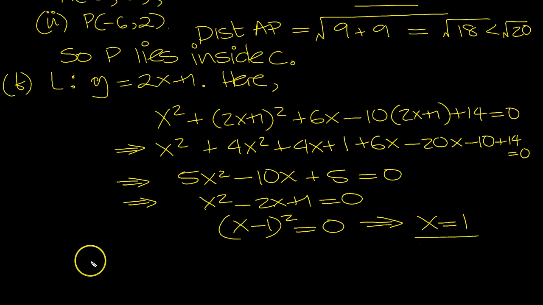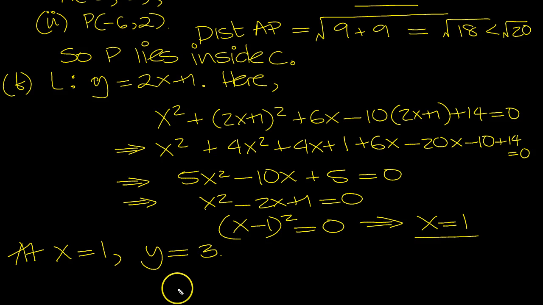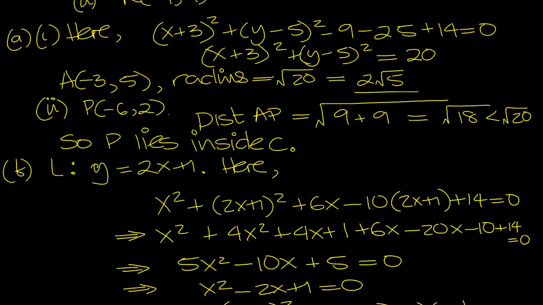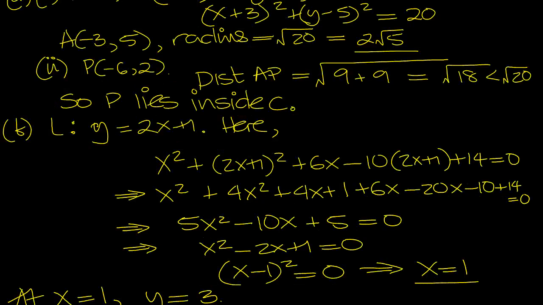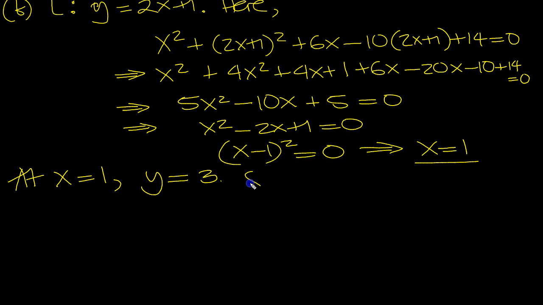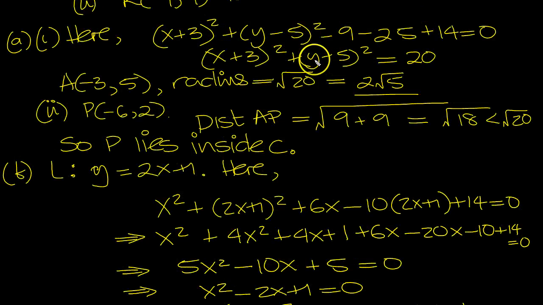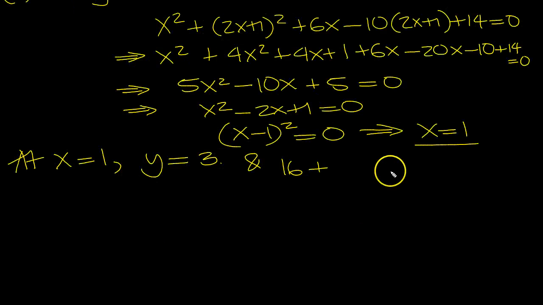Okay, well, there might be two y values, so we need to put this in now. On the line, y would equal 3, and that was 2x plus 1. And also, when x equals 1, what does y equal? Well, if we put it in here, x equals 1, we get 4 squared, so we get 16 plus (y minus 5) squared equals 20.